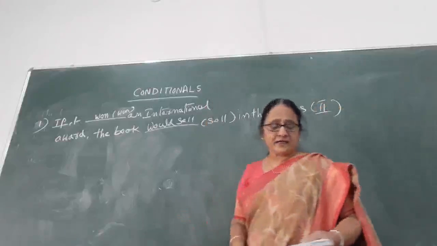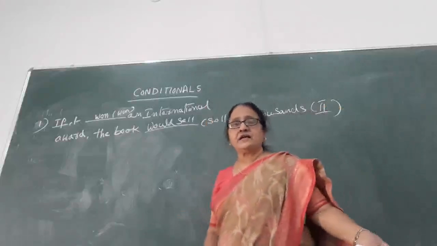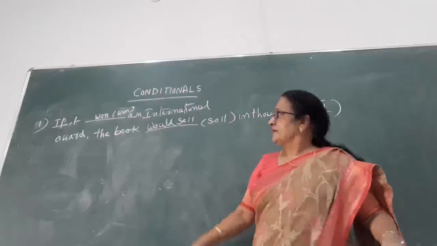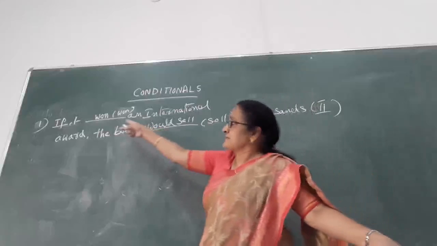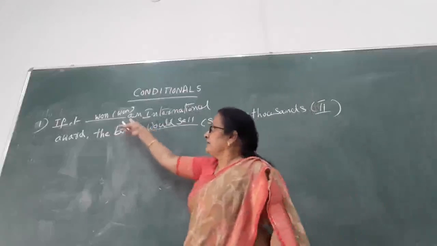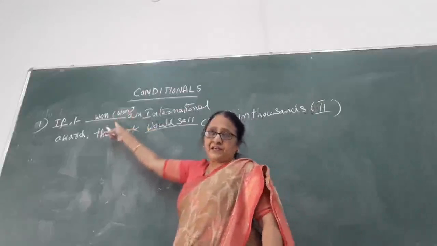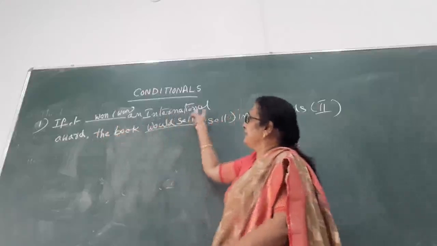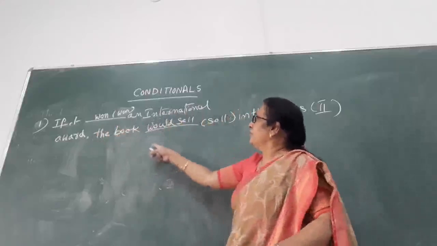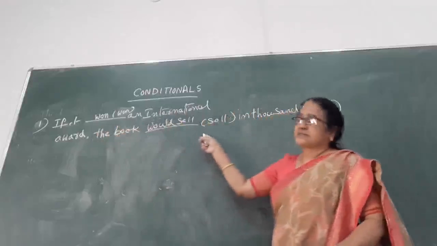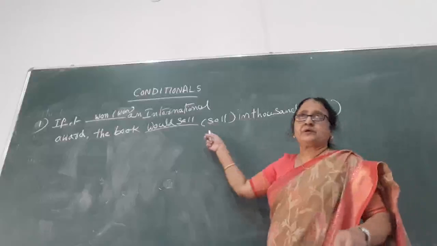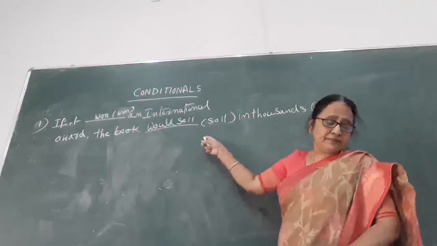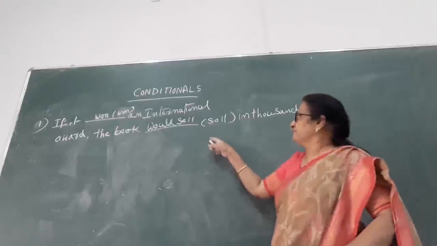What is the second conditional? In the second conditional, the if clause will be in simple past. That's why win becomes won, the past tense of win. So, if it won an international award, the book, in your main clause, will be would plus V1.